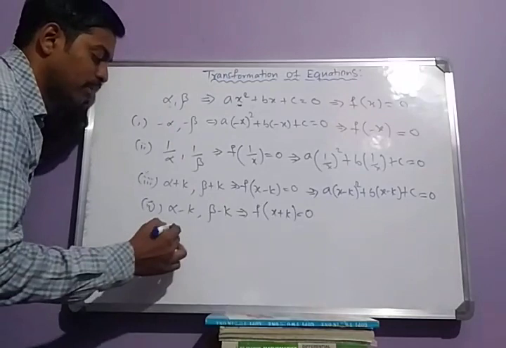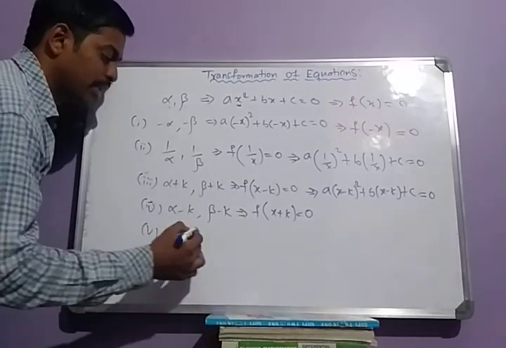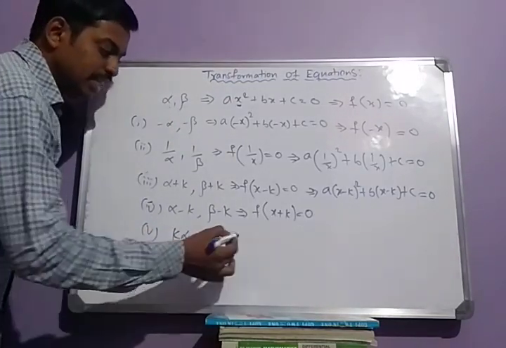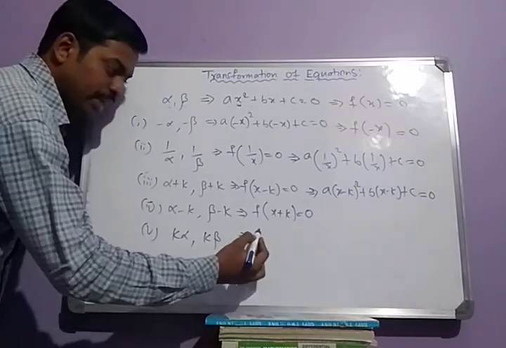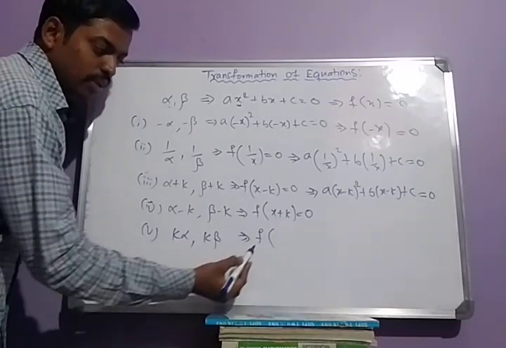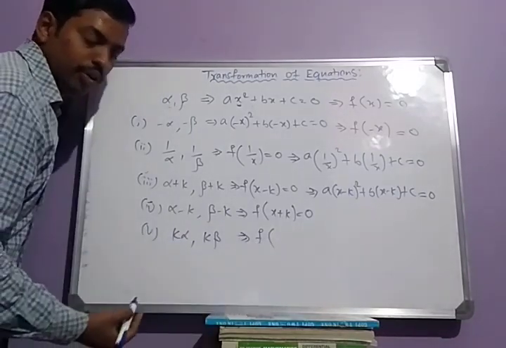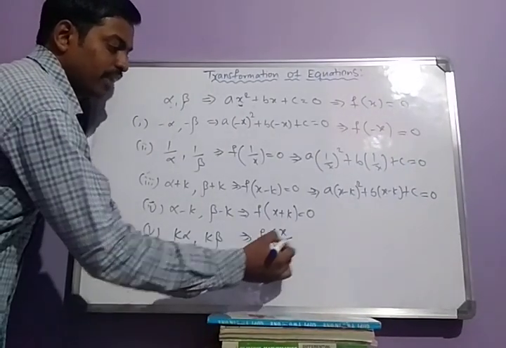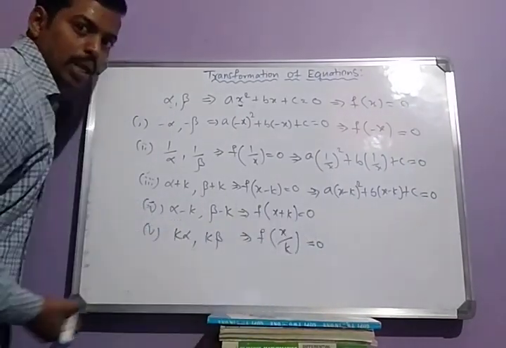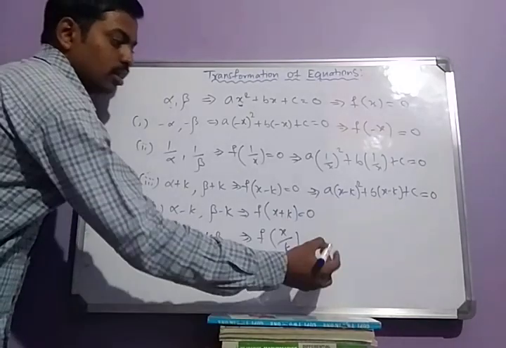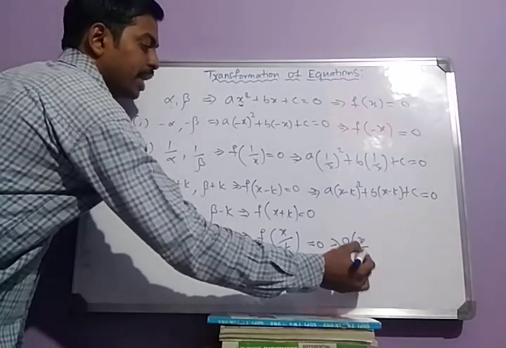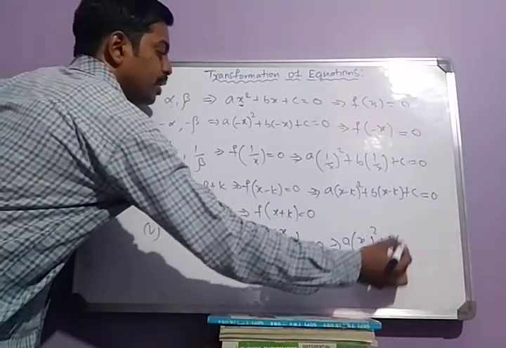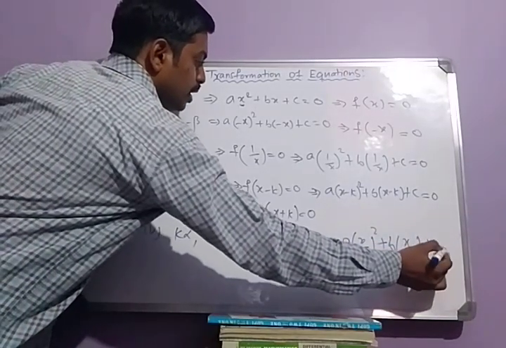That means alpha becomes k alpha and beta becomes k beta. In this case, what happens? You might be thinking here f of x will become f of kx is equal to 0. No, actually it becomes f of x by k is equal to 0. So that means a into x by k whole square plus b into x by k plus c equal to 0.